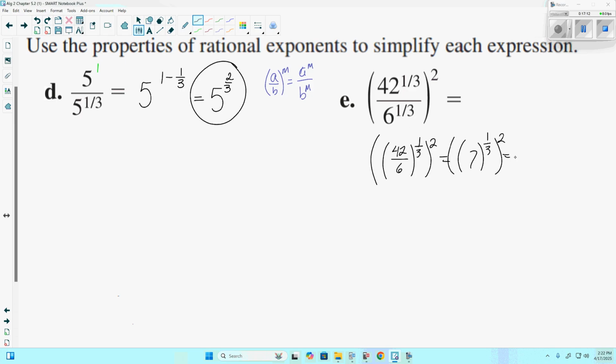Questions on how we got to our 7 to the 1/3 to the second power? So again, this whole section is just taking these properties of powers and trying to simplify them as best we can. Powers of powers do what? Multiply, yes? So it's 2 times 1/3.